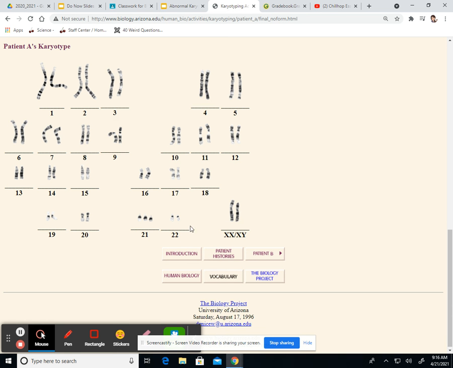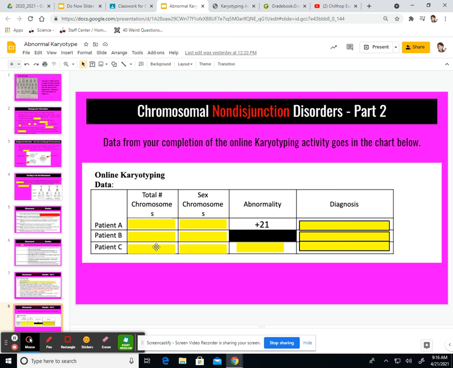However, in this particular karyotype, we added an extra chromosome to chromosome 21. So that means the total number of chromosomes is 46 plus that 1 extra chromosome. You also could literally just count up all the chromosomes, and there are 47 there.